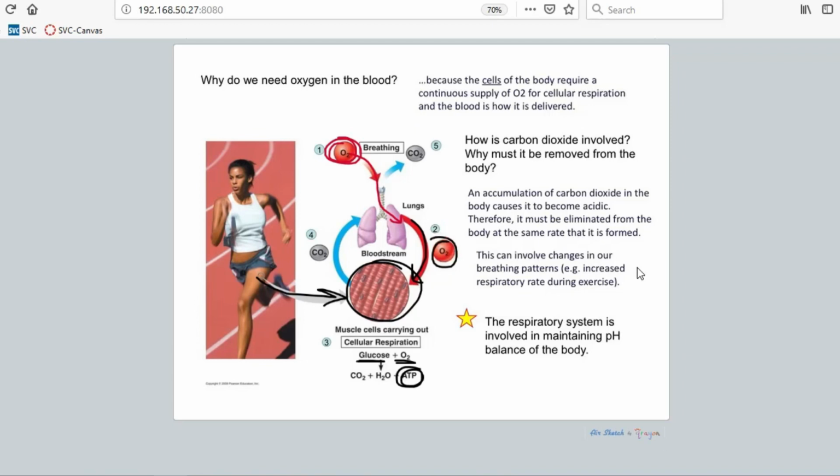But if you remember, a byproduct of cellular respiration is carbon dioxide. And what happens if carbon dioxide builds up in the body? The body becomes acidic, so we need to get rid of that. So that carbon dioxide moves into the blood, and what do we do with it? We move it from the blood into the air, into the lungs, and then we breathe it out.